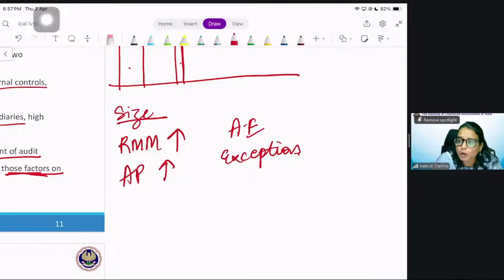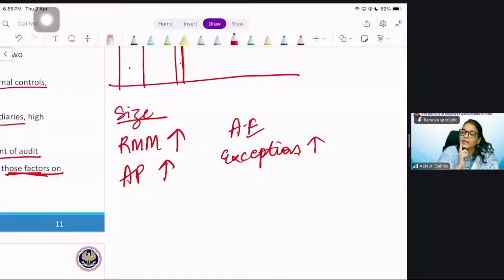So if a lot of exceptional things have happened, will the size of my documentation increase or decrease? If the number of exceptions, meaning non-recurring special things, is high, then audit documentation will also be higher.